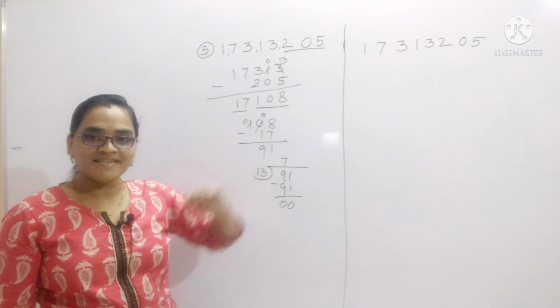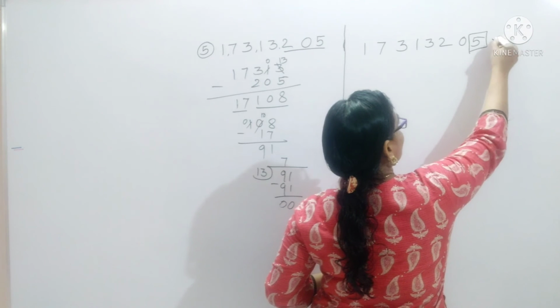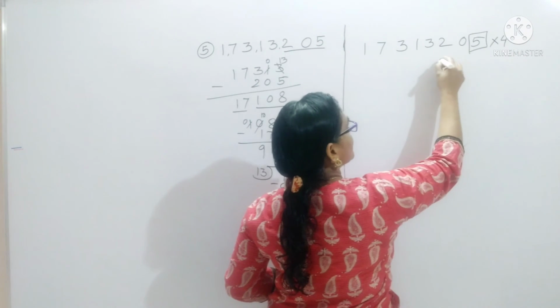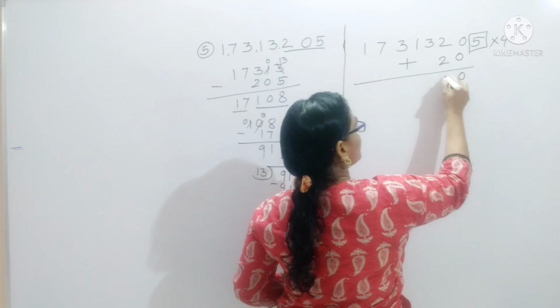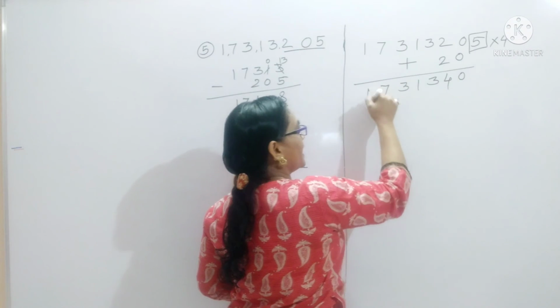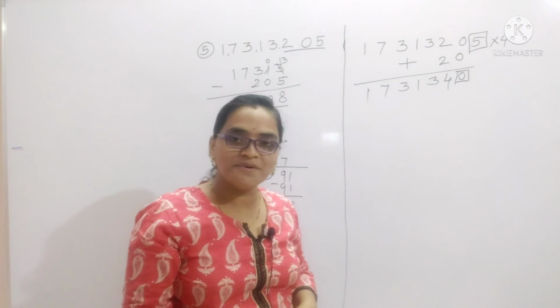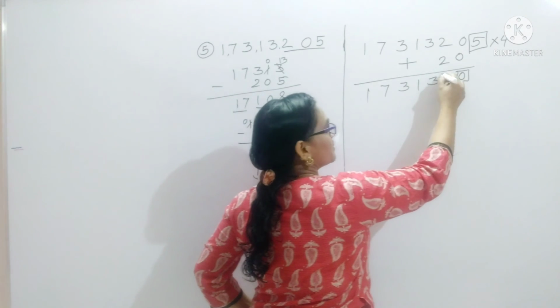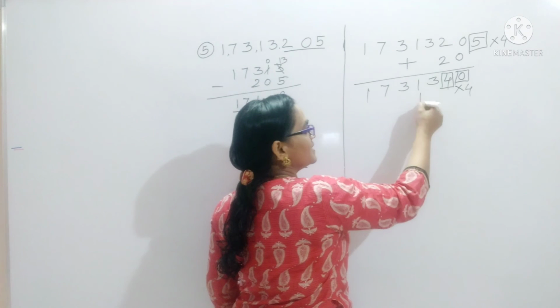By applying the second test, we are going to check. See, the ones place digit is 5. Multiply 5 by 4, 5 4s are 20. Add the product to the remaining number: 0, 2 plus 2 is 4, 3 1, 3 7 and 1. The ones place digit is 0, which means we skip that, and we consider the digit before it, that is 4. 4 4s are 16.